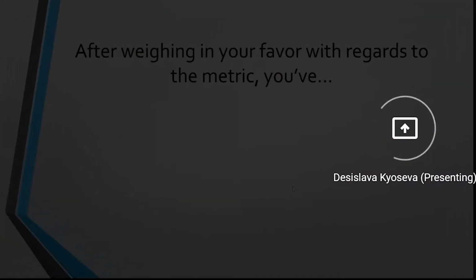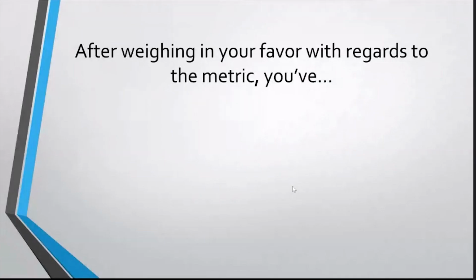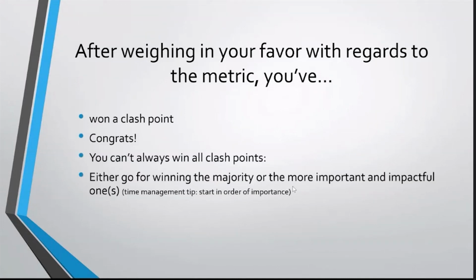Okay, after weighing in your own side's favor with regards to the metric you've chosen, you've won a clash point. Congrats. You can't always win them all, unfortunately. So I would say either go for winning the majority of clash points or the more important and impactful ones.